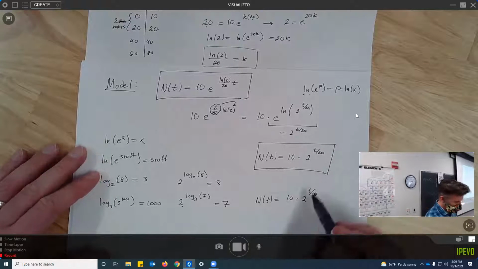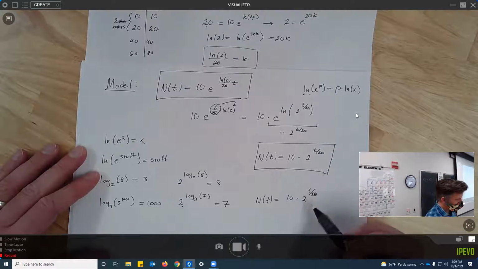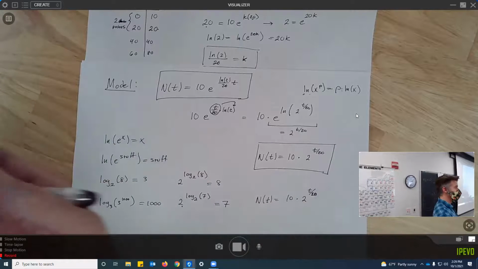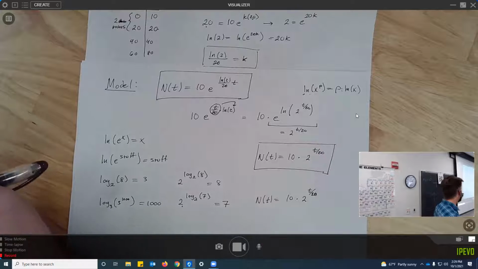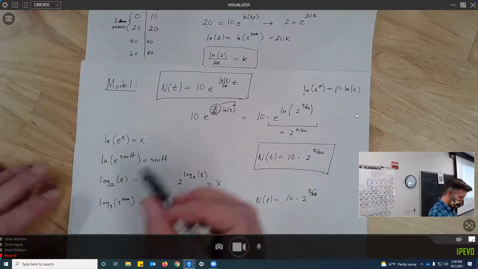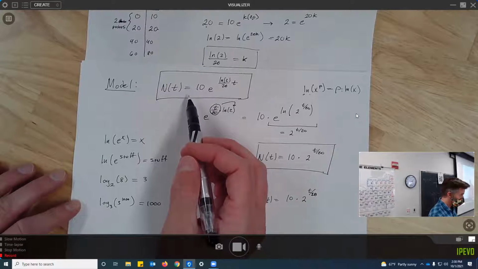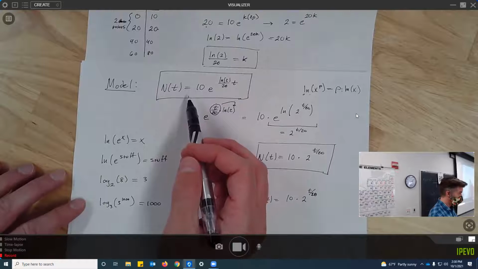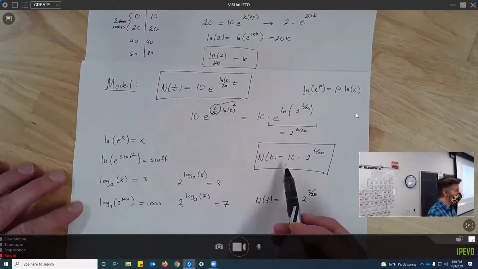I think that's the same thing that I wrote. Is the one you circled on the top the same? They are literally the same. This and this are the same thing.